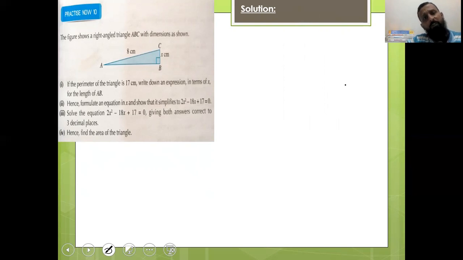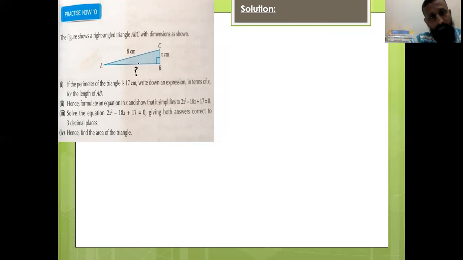What are the dimensions given to you? The hypotenuse is given as 8 centimeters, the vertical side or the perpendicular is given as x centimeters, whereas the base AB is not given, so I can make a question mark there. Now, what are they asking?